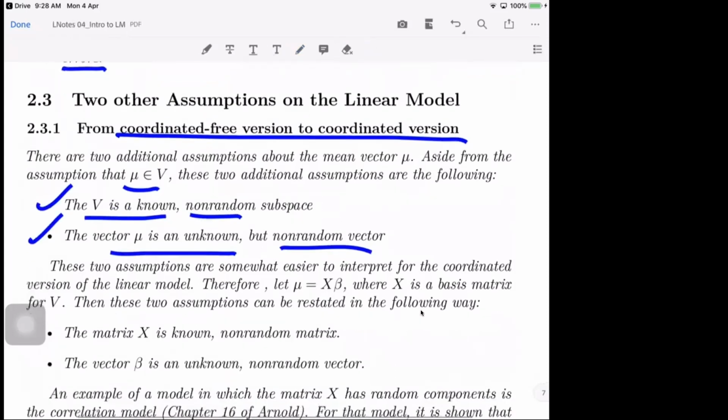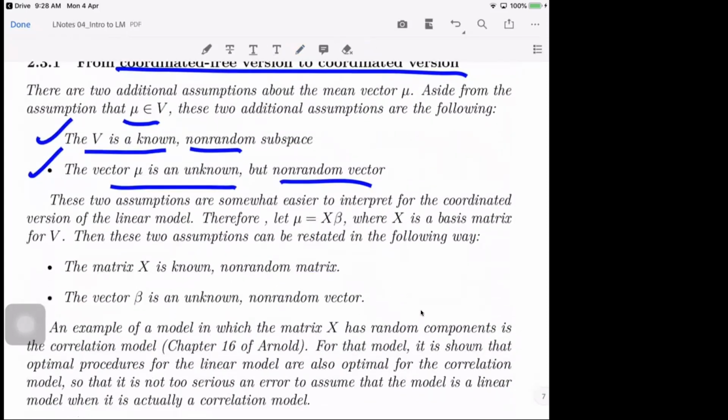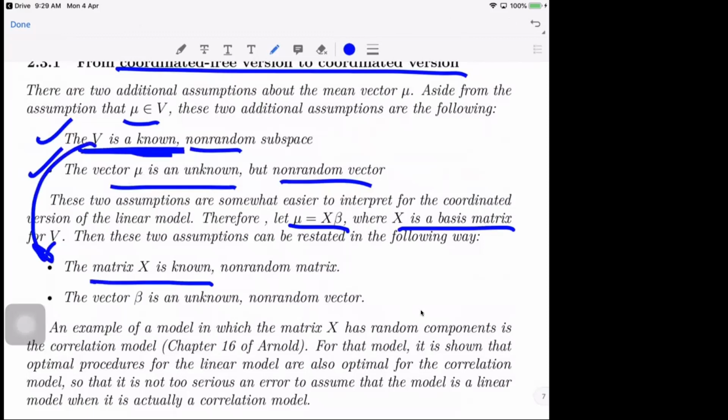These two assumptions are somewhat easier to interpret for the coordinatized version, wherein our mu will be equal to X beta, where X is some basis matrix. So when we say V is known, we are saying that the matrix X is known and it's a non-random matrix. And when we say that the vector mu is an unknown parameter, we say that the vector beta is an unknown and non-random vector.